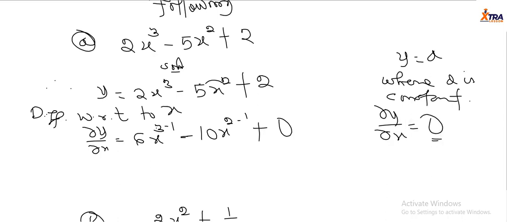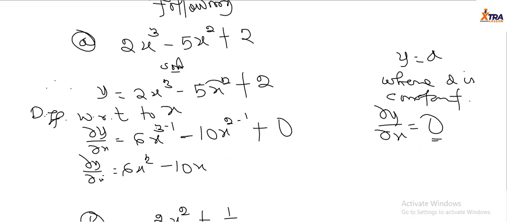So when you differentiate constants, we have 0. So 2 is a constant, no letter, and we have 0. So dy/dx will now be 6x to the power 2, since 3 minus 1 is 2, minus 10x to the power 2 minus 1, which is 1, plus 0. So we don't need that 0.